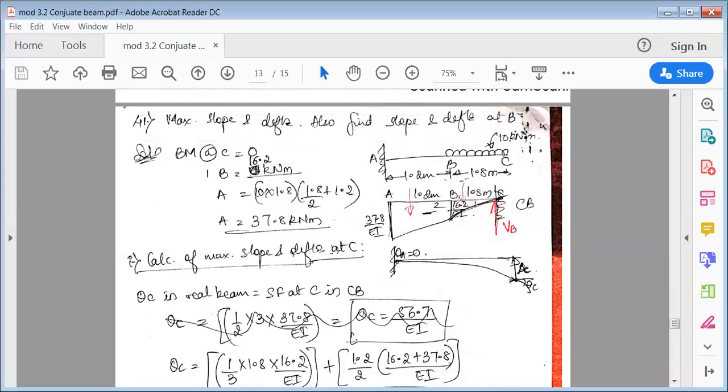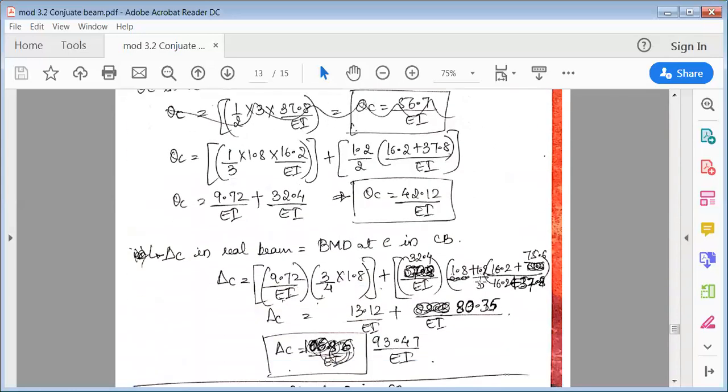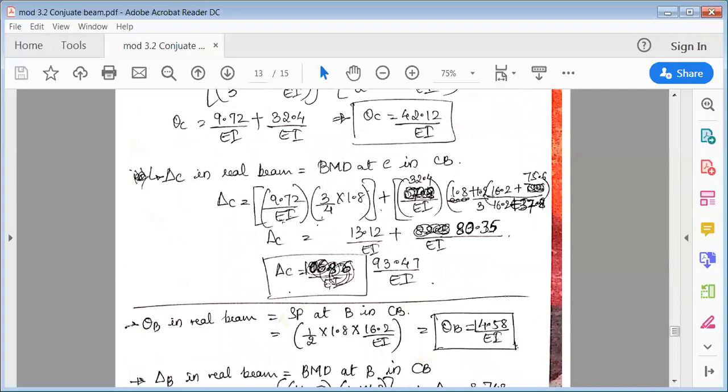Because you're measuring with respect to C, you have to add this 1.8. So I've added here 1.8 plus h by 3 times (A plus 2B) divided by (A plus B). When you solve this, you'll get delta C. So that's the trapezoidal formula. If you're comfortable using it, you can use it. Otherwise, you can always split it into a rectangle and a triangle.